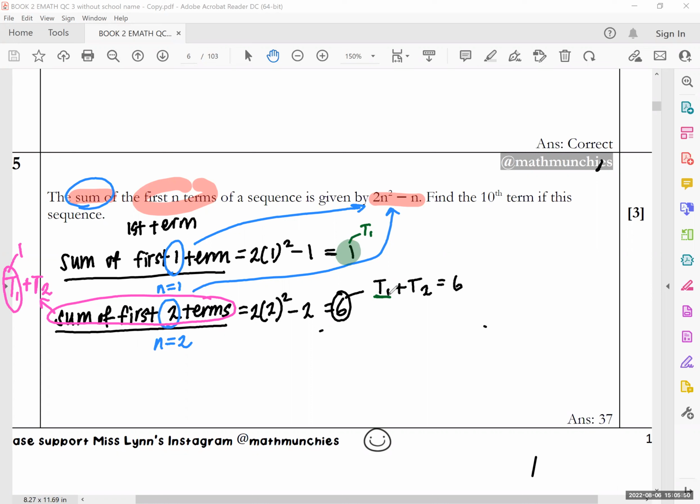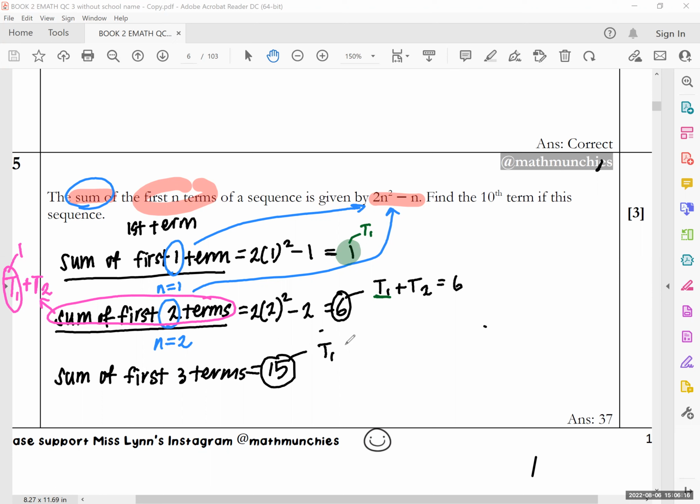Right now, I have the sum of the first 3 terms. I'll not go in depth in explaining all this again. I want you to put it into the formula and tell me what answer you get. 15. So what does 15 mean?